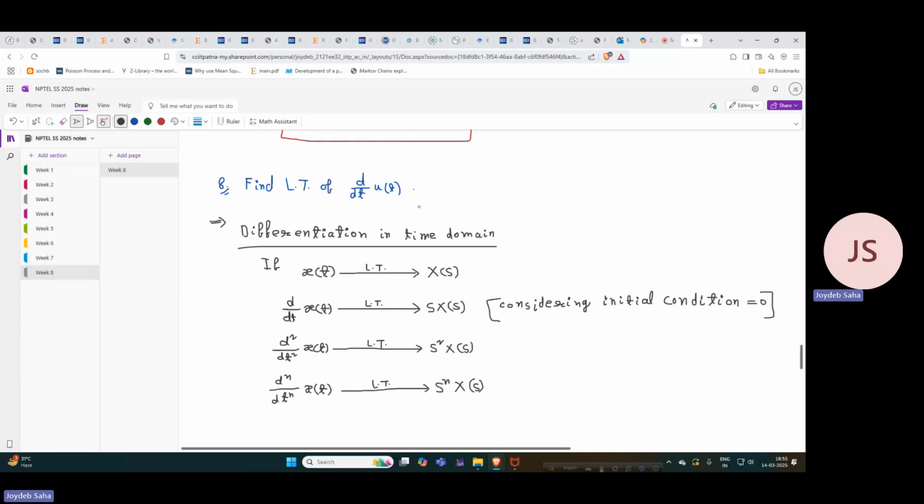Take 1 or 2 minutes more and try to solve the problem by yourself. If you can solve, just match the answer with mine, and if you cannot, I will solve it for you. Take 1 more minute.